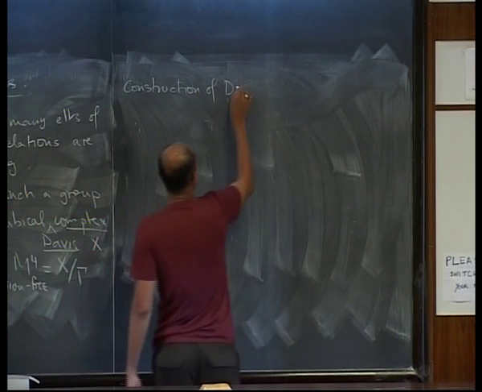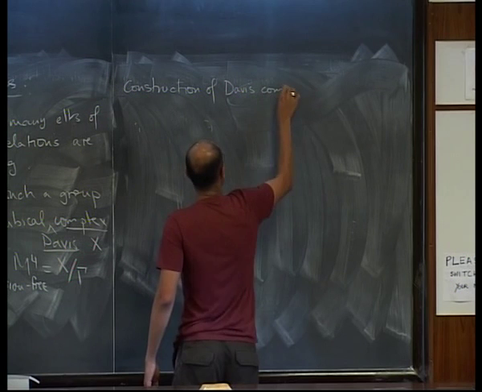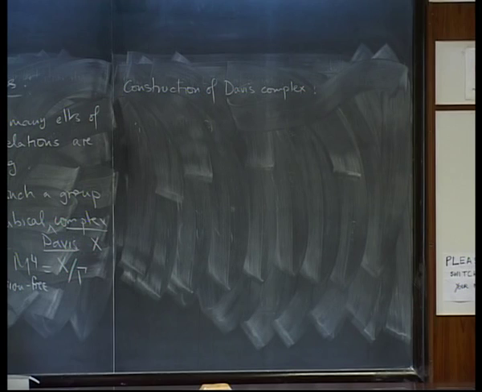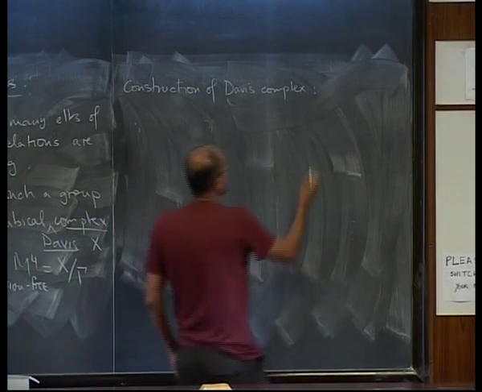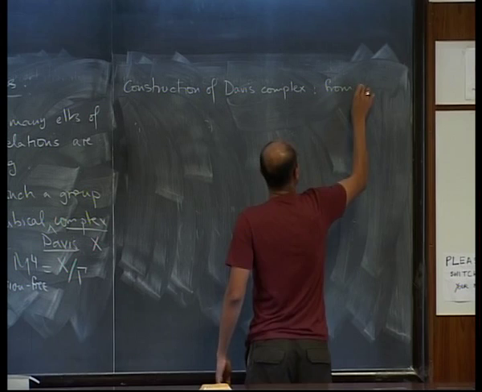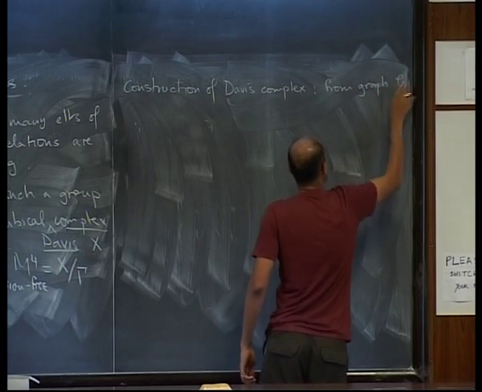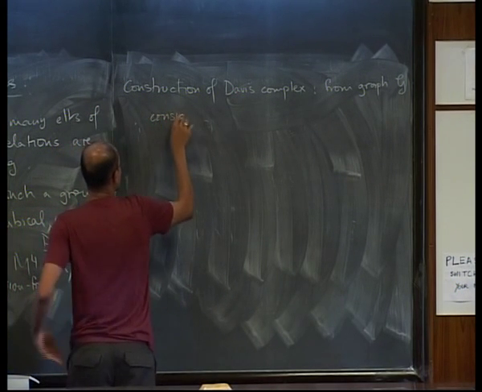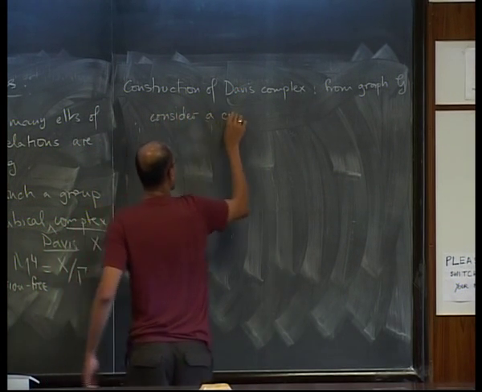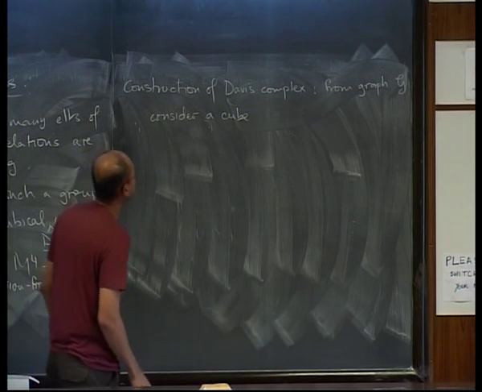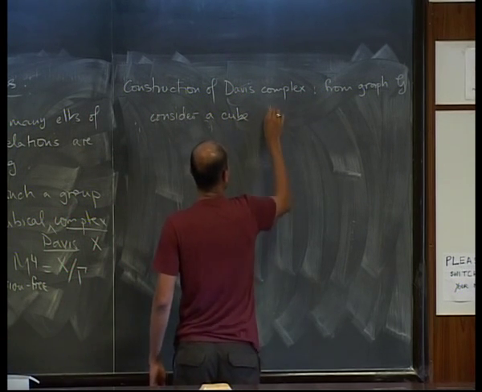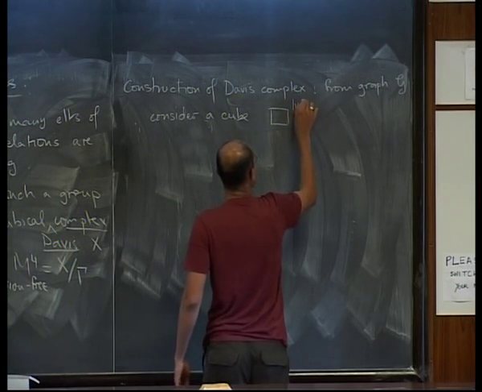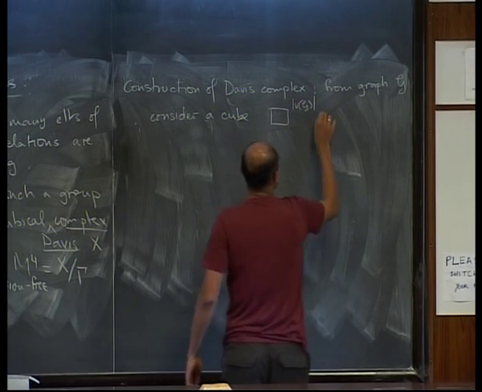So construction of the Davis complex. So what you do is the following. You've got this graph G, and you consider a cube of dimension the cardinality of the vertex set.